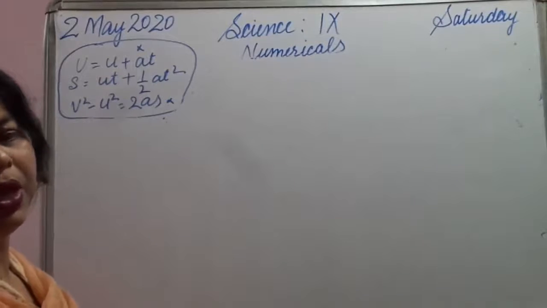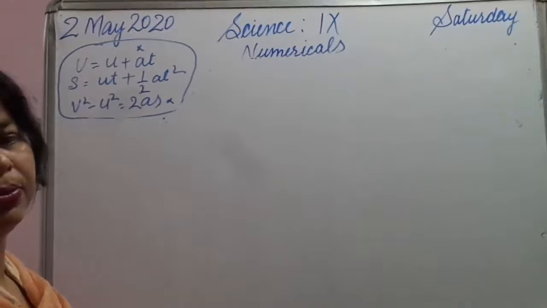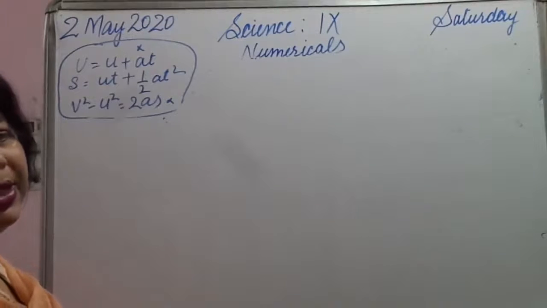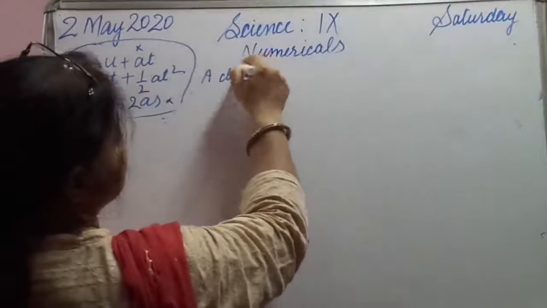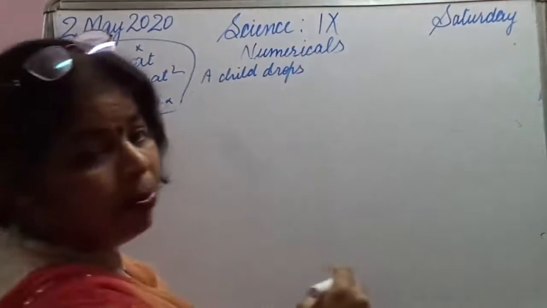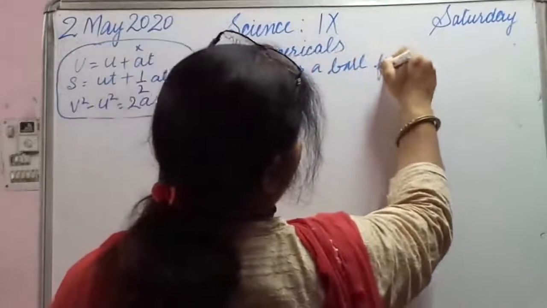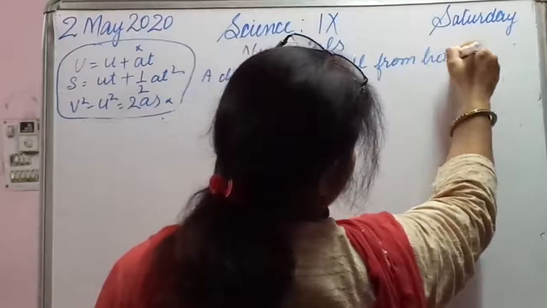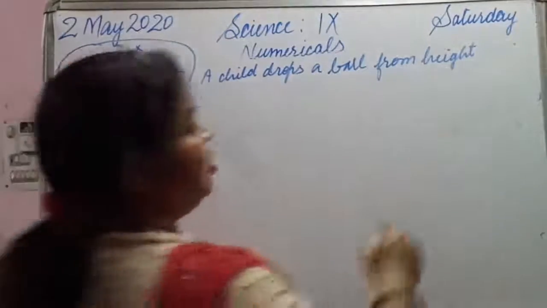Next one is, let us take this. A child drops a ball from a height of 10 meter.